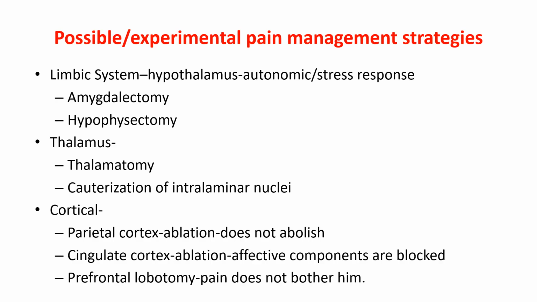There are other possible or experimental pain management strategies. These are all being practiced sometime or the other, but they are difficult procedures, and they may come up with morbidity or other complications.